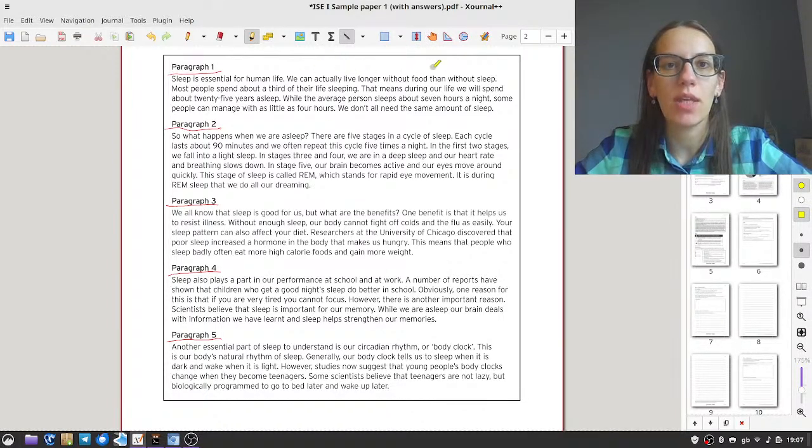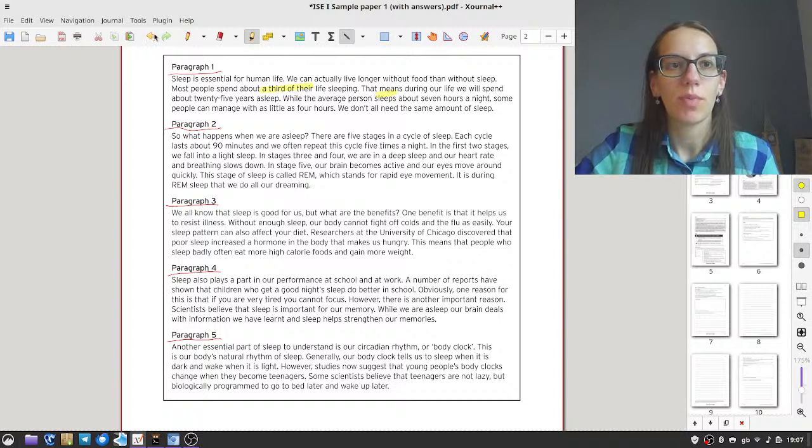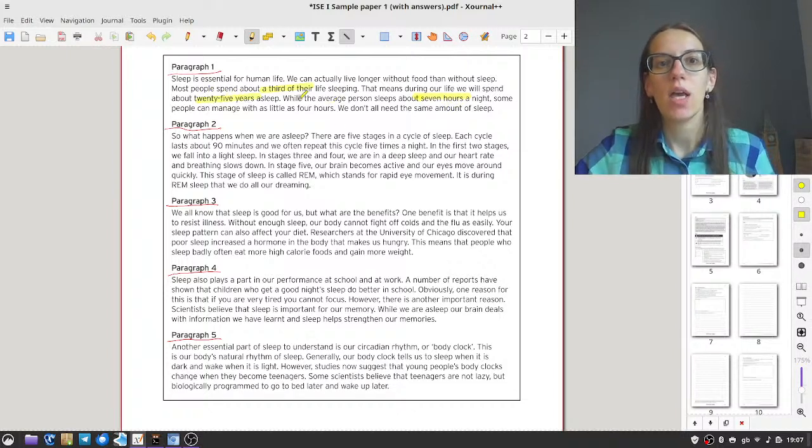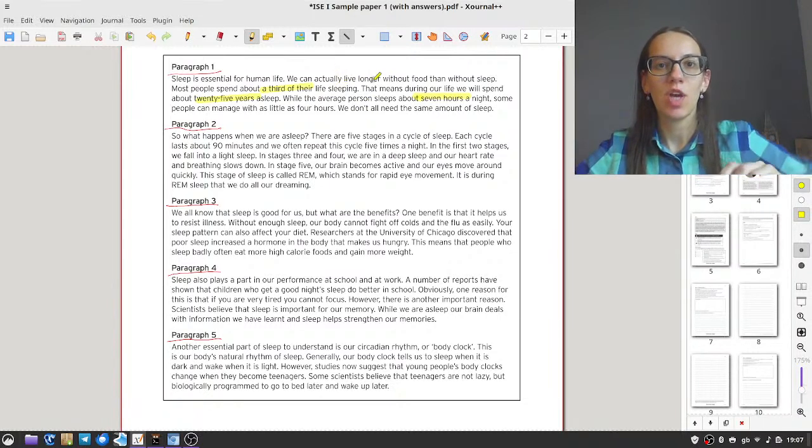So if we look at the words here, we can see things like most people spend a third of their life sleeping. The average person sleeps about 7 hours at night. 25 years asleep. So it's all about numbers of how much we sleep, right?